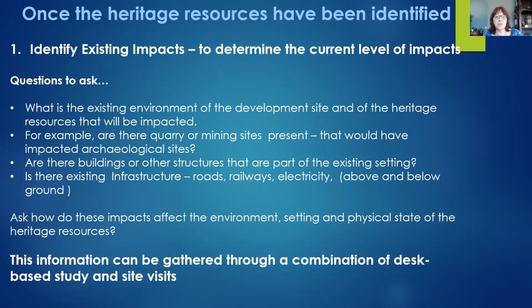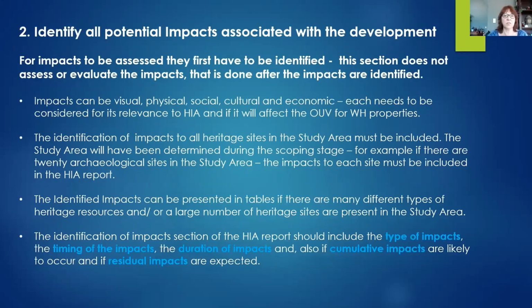For instance, if a road is already in existence and it's being improved, say widened, it's going to have a different impact than building a new road in an area that didn't have one before. The information for this can normally be gathered through a combination of desk-based studies and site visits, because you have to go out to see what the current situation is on the site.